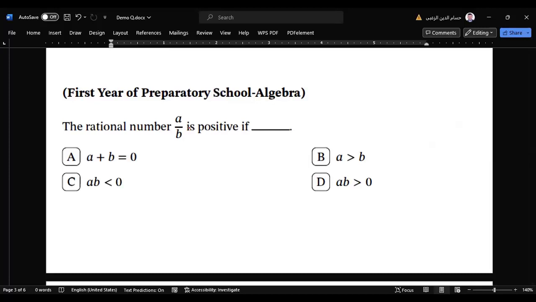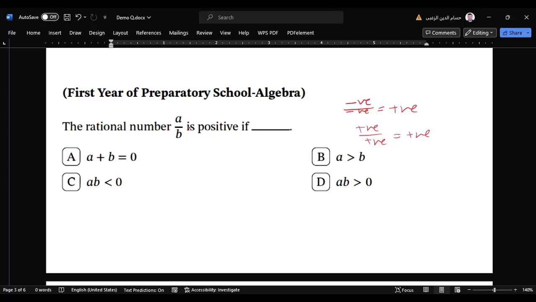Here, to get a over b positive, we have two possibilities. First, negative over negative, or positive over positive, for the result to be positive. So, which of these gives me both negative or both positive?